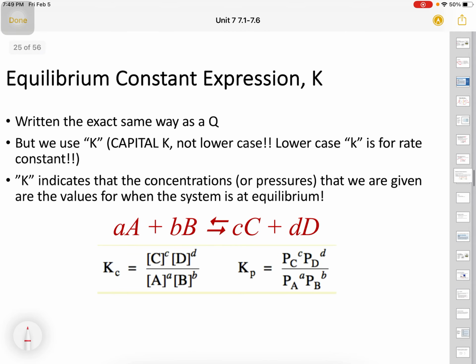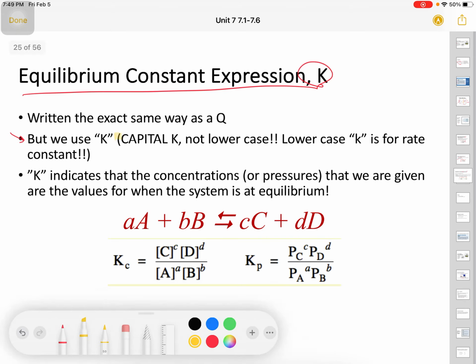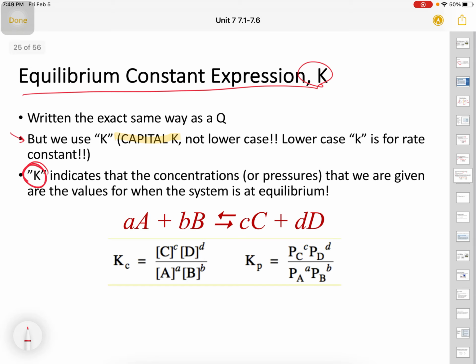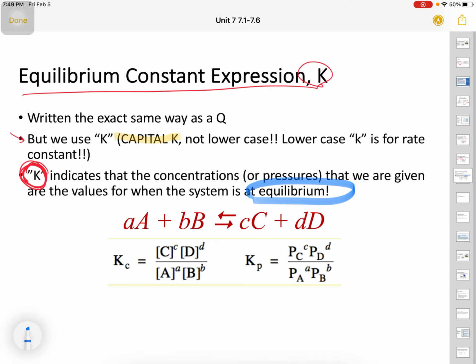Now, taking this a step further, the equilibrium constant expression is denoted by a capital K, right? Lowercase k is a rate constant, capital K is an equilibrium constant. It's also potassium, but you know. It's written the exact same way as a Q expression. But when you denote an expression as being equal to K, that is exclusively for systems at equilibrium.